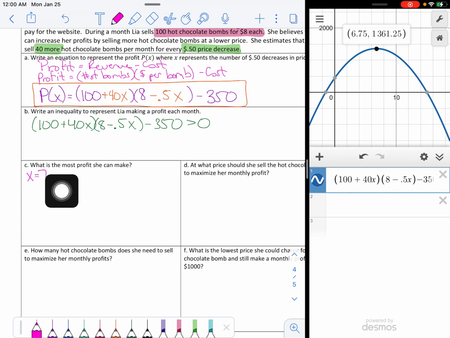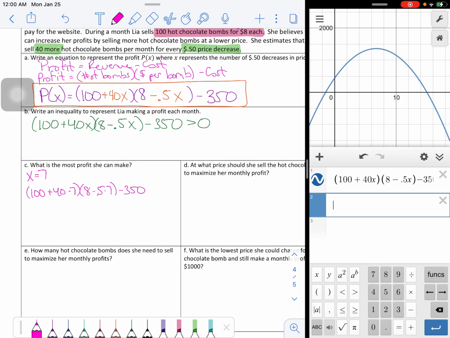We're going to take this 7 and put it into this expression and see what we get for our actual profits. So 100 plus 40 times 7 times 8 minus 0.5 times 7 minus 350. Every place I have an x, I just replaced it with a 7.